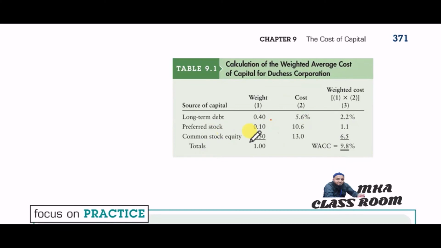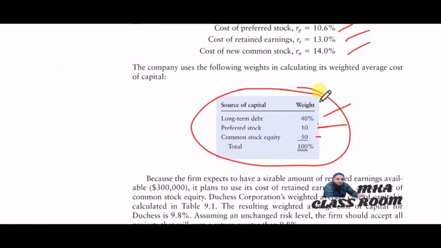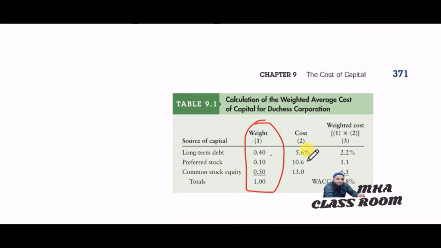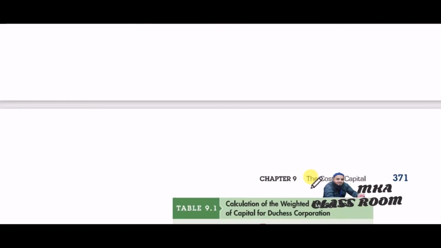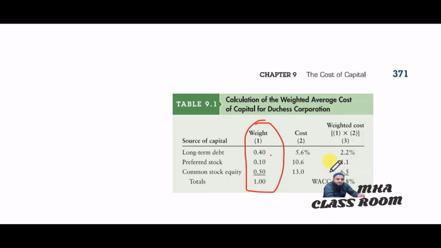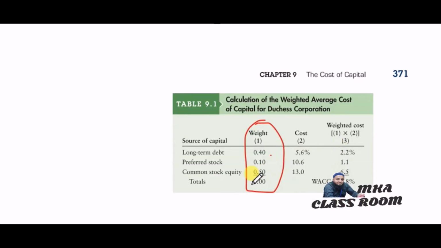preferred stock 0.10 and common stock equity 0.50, that is the total weight, and this is our cost. The cost of debt is 5.6%, preferred stock 10.6%, and the cost of common stock equity 13%.